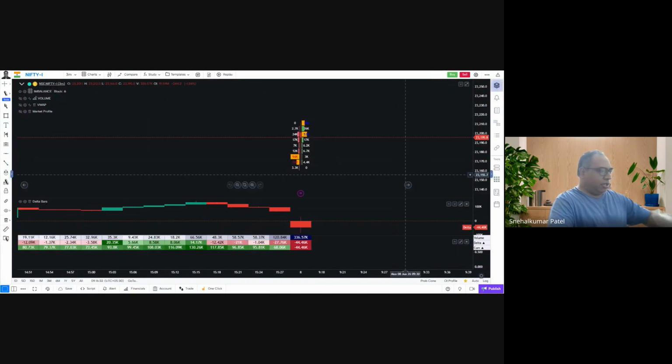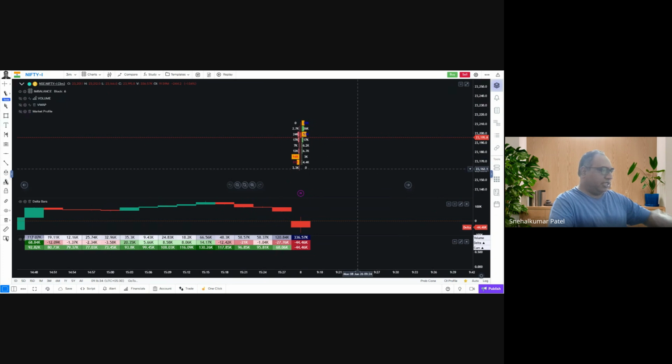What you are seeing on the screen is the chart of order flow, wherein you see on the left side the total number of sell orders that are executed. On the right side, you are seeing the buy orders that are executed. So it's basically showing us how many orders are executed at this point in time in the live market.